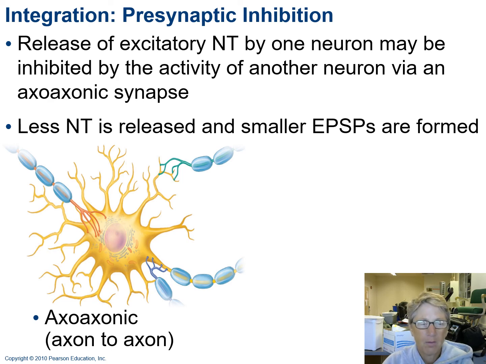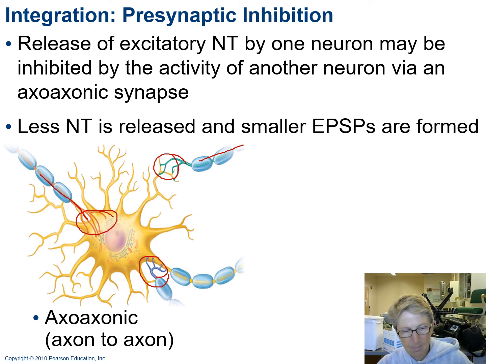Oh, and this is kind of interesting. So this is our cartoon. It shows, so here's a presynaptic neuron stimulating the postsynaptic neuron on the cell body. Here's a presynaptic neuron stimulating the postsynaptic neuron on a dendrite, and here's a presynaptic neuron axon stimulating the postsynaptic neuron on the axon. So it says release of an excitatory neurotransmitter, so that means you're going to get a depolarization by 1 neuron.